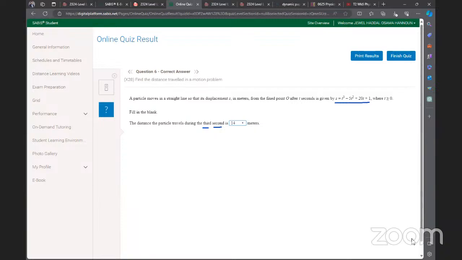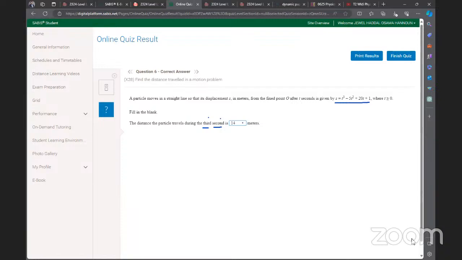So you know it's the 3rd second. You will substitute t by 3, and then t by 2, and then you subtract the 2 answers, so it will give you 14.